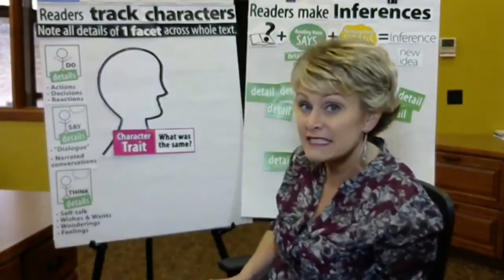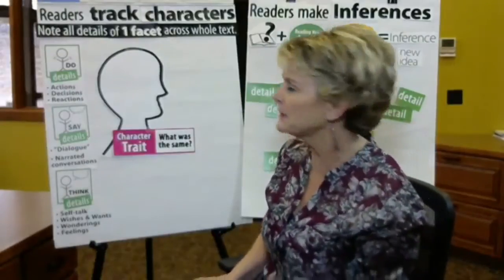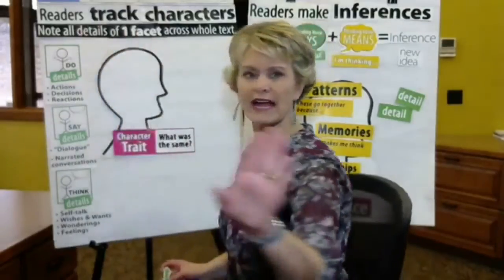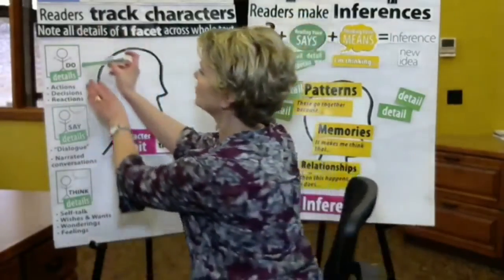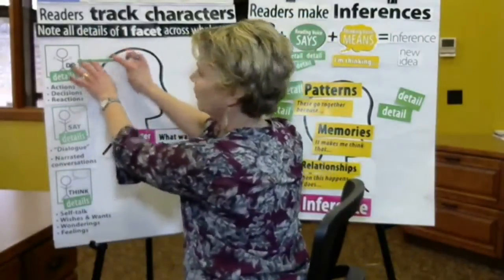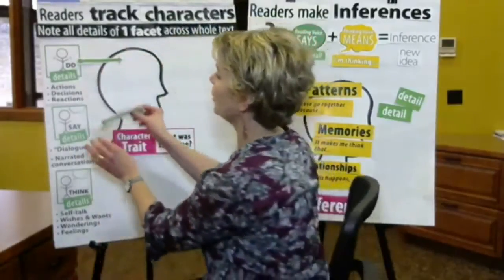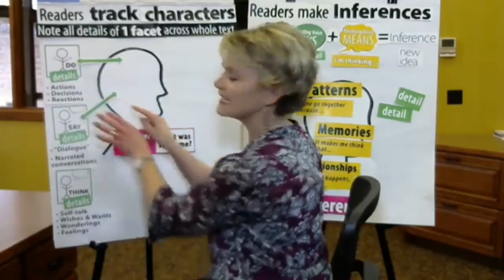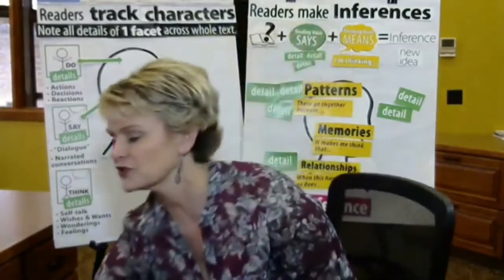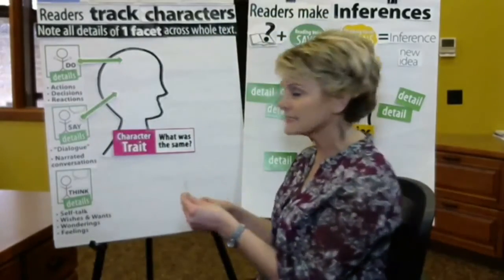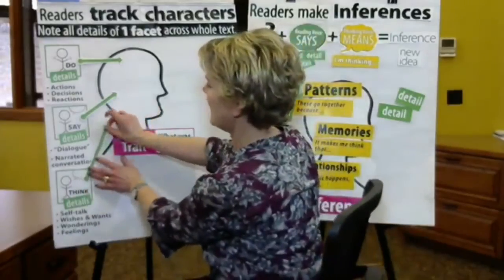Okay, where do we get the details? What details will help us? The same ones we use to track. It's the same details. You're going to look at what the character did, all of the actions. Then you want to look at all of the details in terms of what the character said. You also want to consider all of the thoughts and the feelings that the character had.